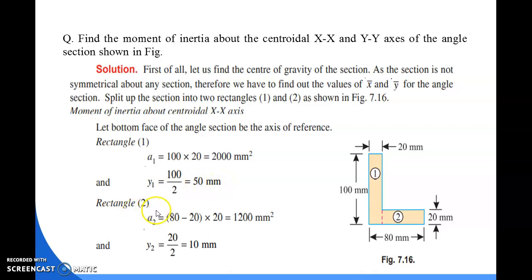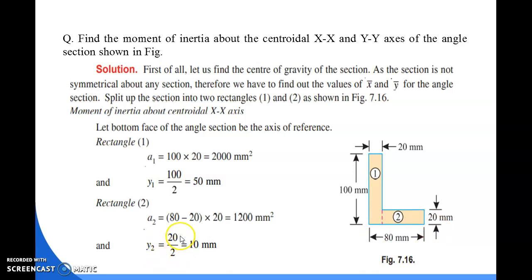Similarly, for section 2, the area is equal to 60 into 20, hence the value will be 1200 mm square. And y2, that is the center of gravity of section 2 with respect to the reference line, is equal to D by 2, and here for section 2 the D value is 20.